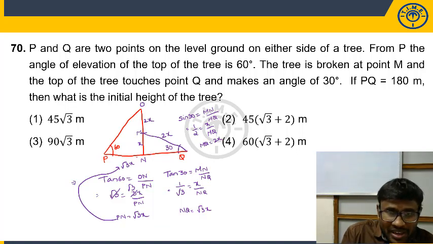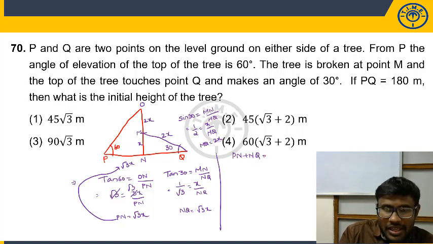So PN is root 3x and NQ is also root 3x. That is, PN plus NQ is root 3x plus root 3x. That is 2 root 3x, given as how much? PQ. Yes or no? PQ total it is 180. So x is equal to 180 by 2 root 3.